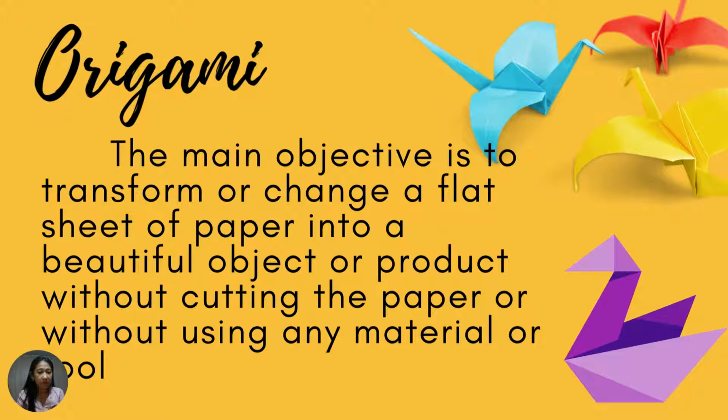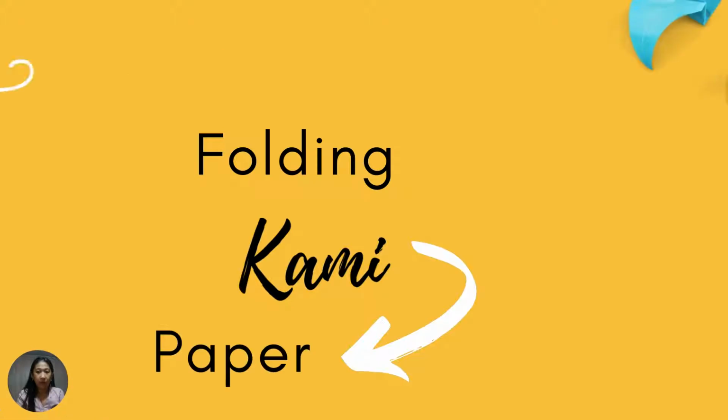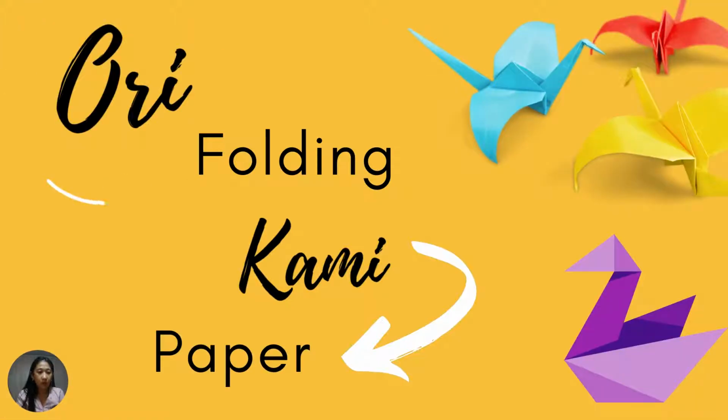The main objective is to transform a flat sheet of paper into a beautiful object or product without cutting the paper or using any material or tool. Ori means folding, while kami means paper.